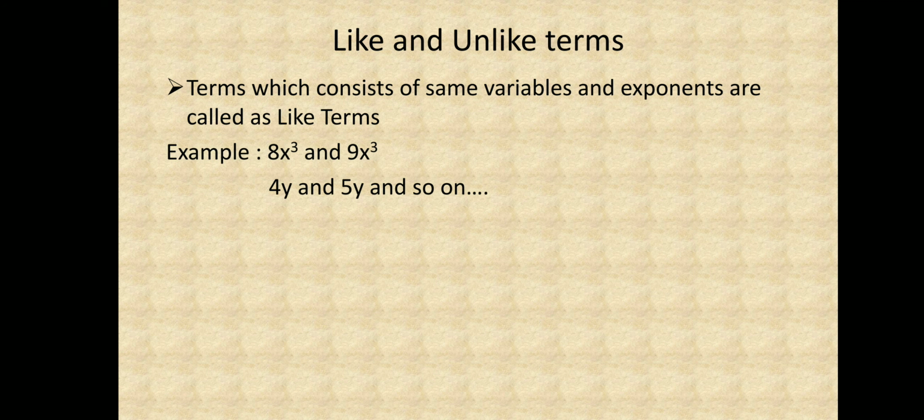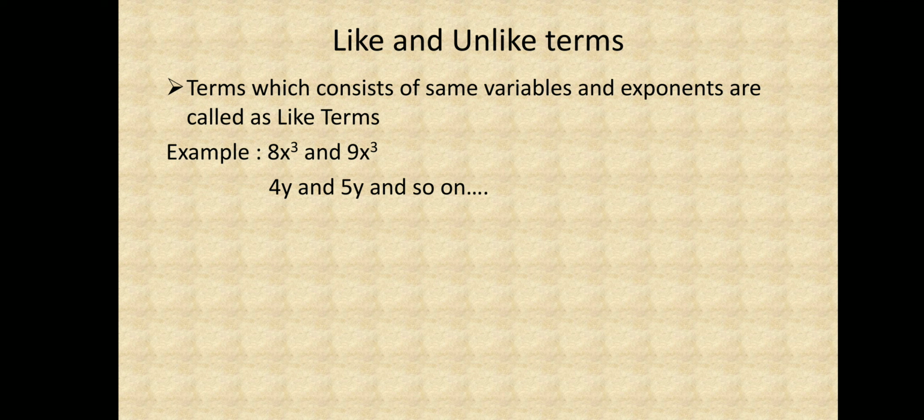For example, 8x cube and 9x cube. You can see that the variable and the exponents are the same. The numerals differ, and that is not a problem. But the variable and its exponent should be the same.